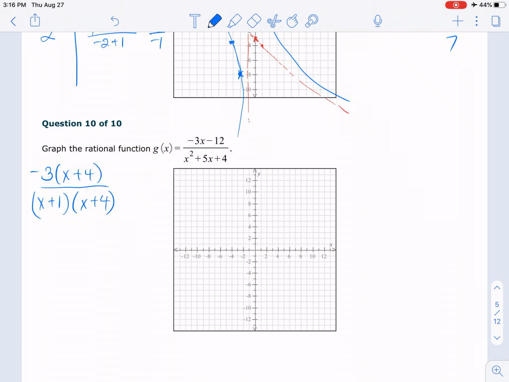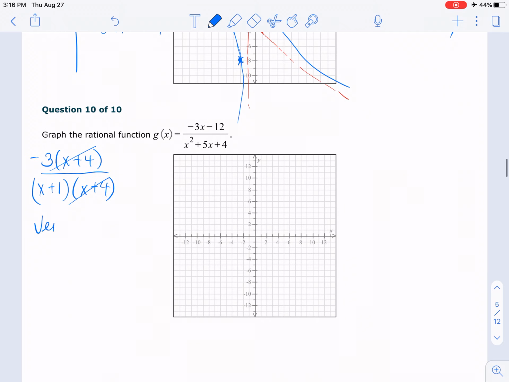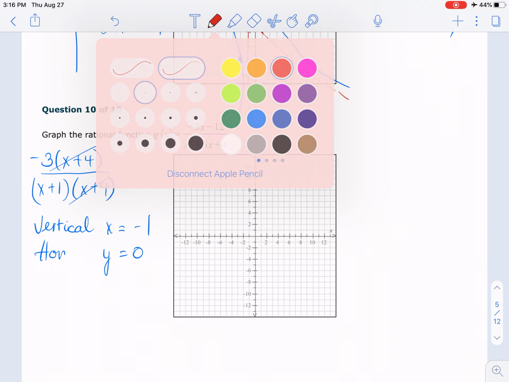If you simplify it like this, you see that the vertical asymptote is just x equals negative 1. Because we have x here and x squared here, the horizontal asymptote is going to be y equals 0. Okay, so that's something I know.